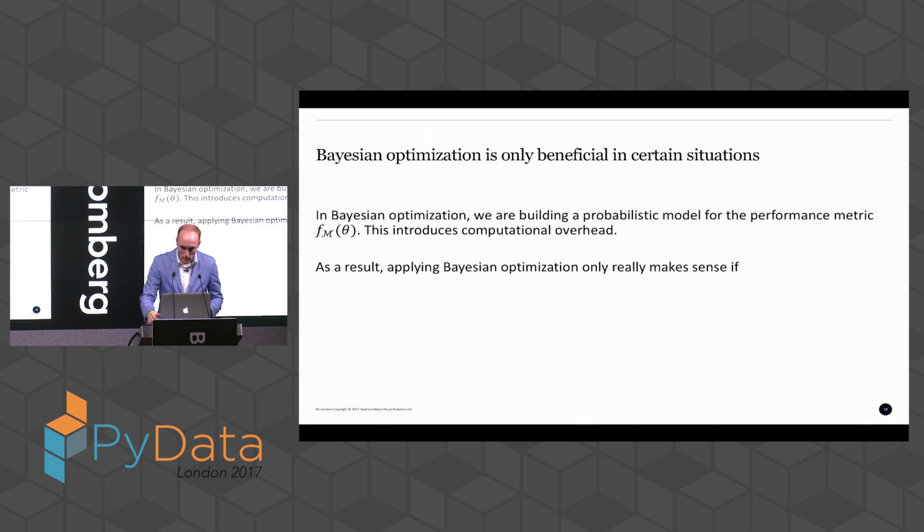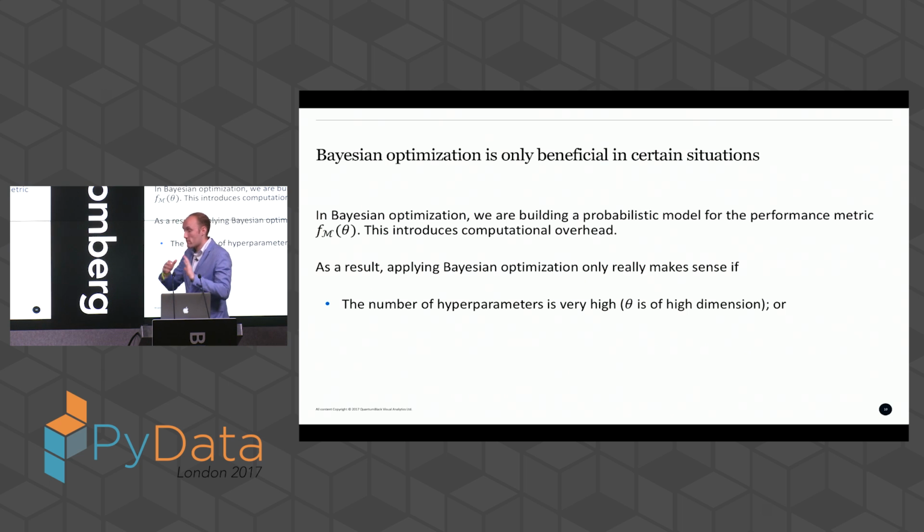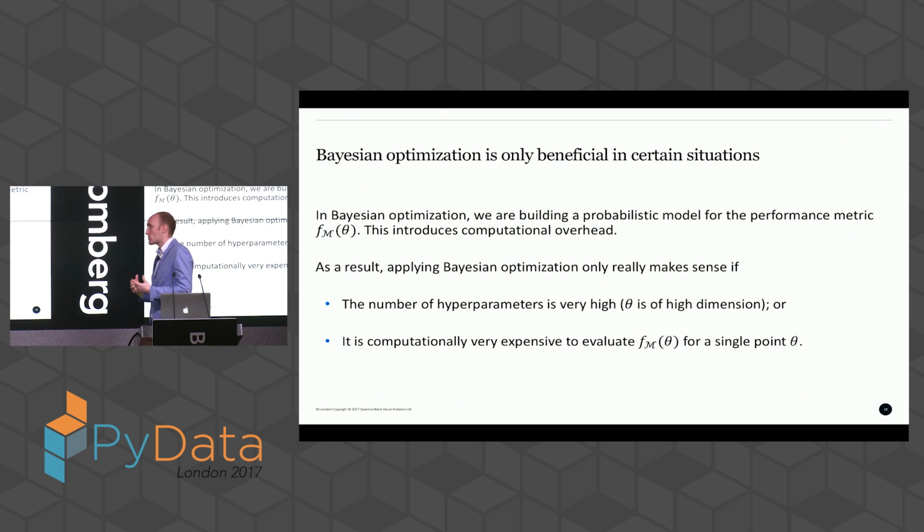So really, doing Bayesian optimization only makes sense if you have a very, very, very high dimensional hyperparameter space, or if it is computationally very expensive to evaluate the out-of-sample performance.